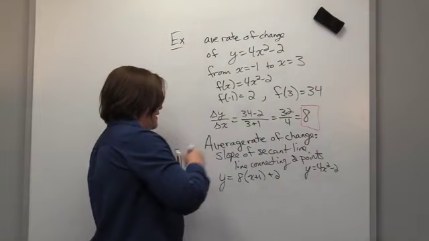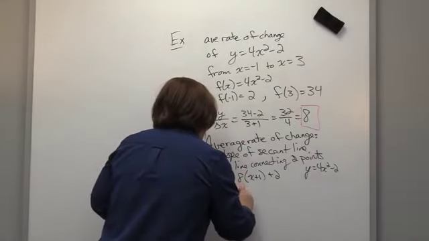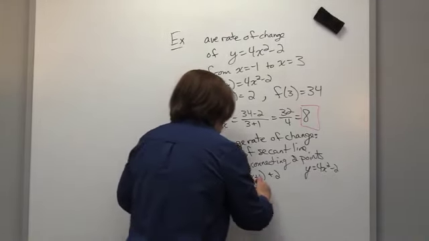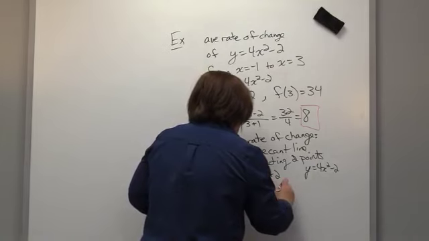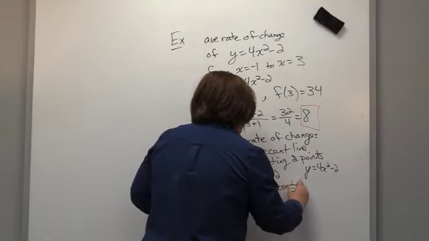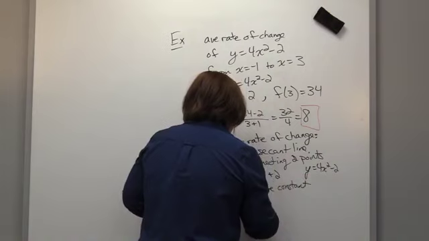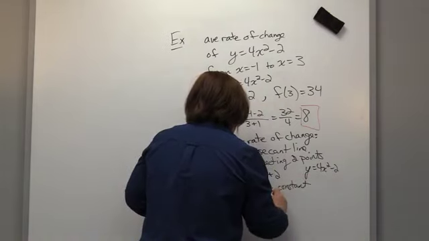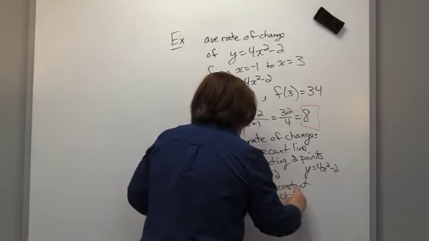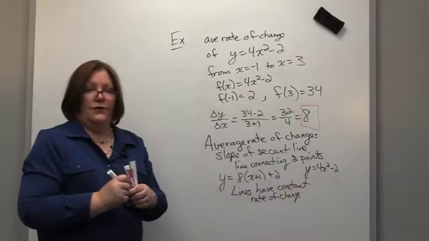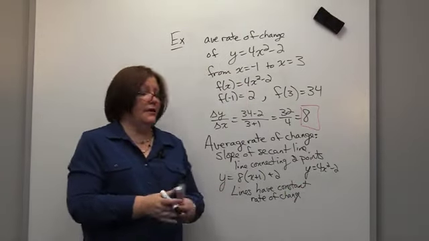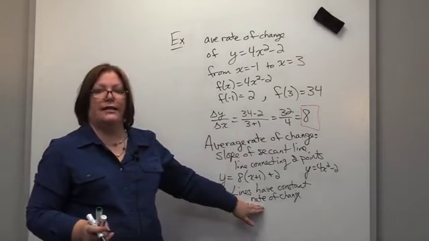Another thing that we should mention, that I didn't before, is that lines have constant rate of change. So the average rate of change is their constant rate of change.